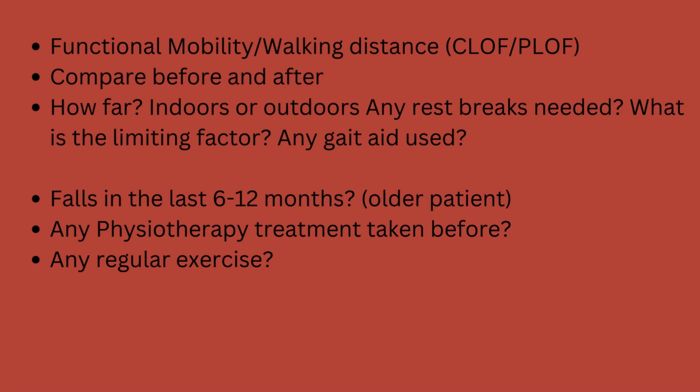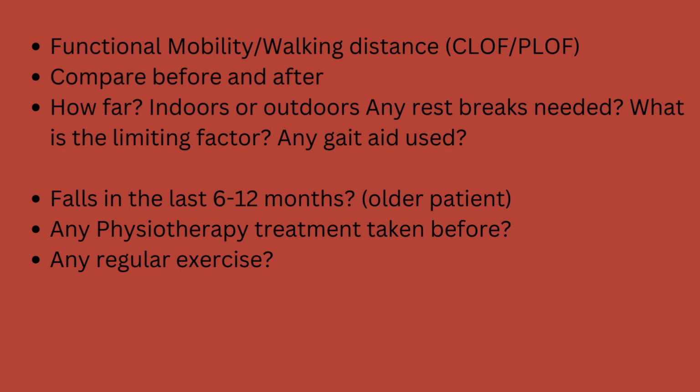Again, having falls in the last 6 to 12 months is important for an older patient, not for all the patients. You do not need that for everyone. Ask if the patient has had any physiotherapy treatment before, very importantly for patients, let's say, who have bronchiectasis, we know it's a chronic condition, or cystic fibrosis, the patient may have had some physio treatment before.